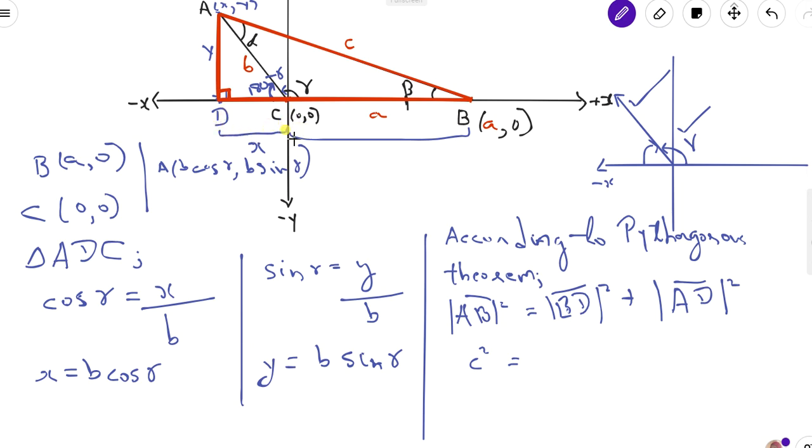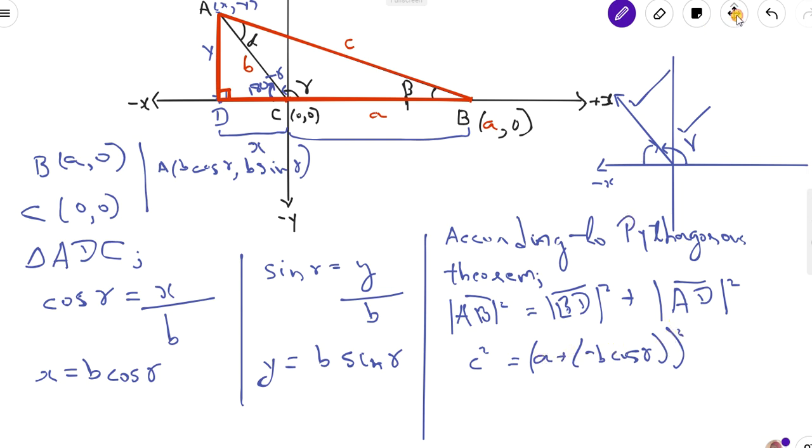So you are adding your A with this negative B cos gamma like that. So it is going to be A plus minus B cos gamma, okay, whole square. So it is going to be therefore A minus B cos gamma whole square.